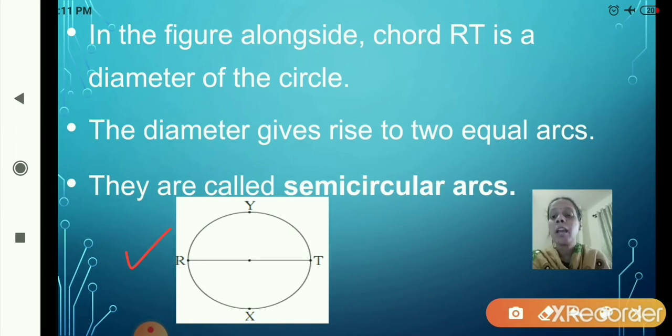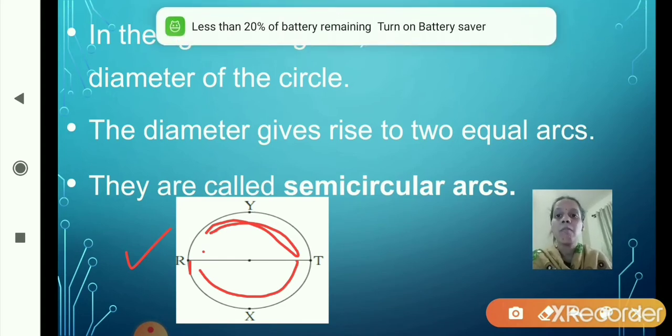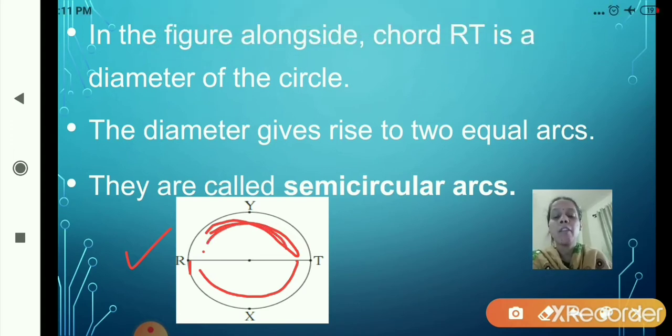Because of the diameter we get two equal arcs, arc RYT and one more, arc RXT.